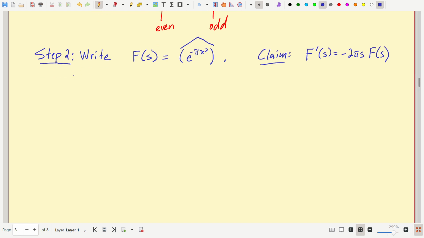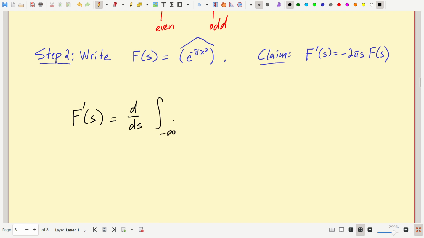Oh, let's see why this is the case. Okay, so I'm going to have f prime of s is equal to, let's calculate. It's going to be d by ds of that thing I just wrote. It's going to be a regular, ordinary derivative.